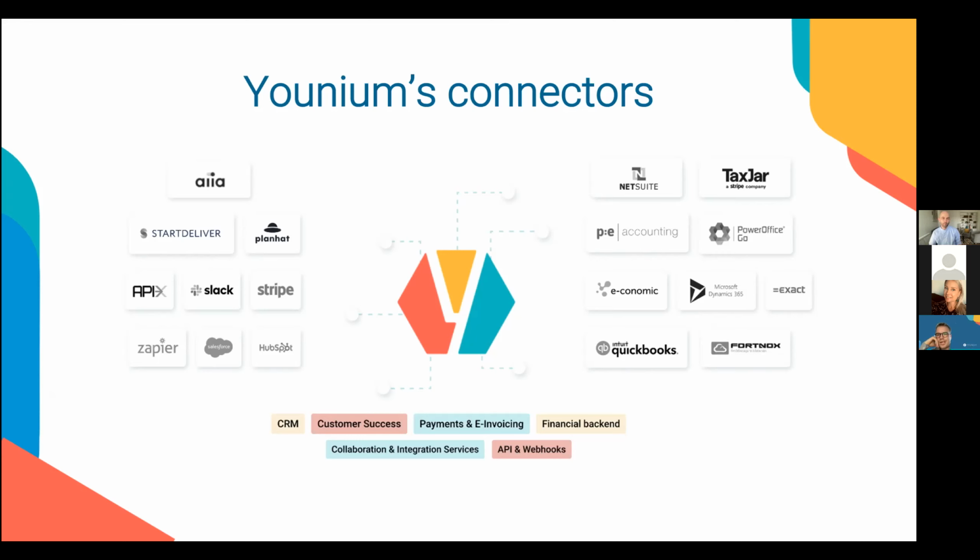Right. So Sage, we don't necessarily have a connector to, but a lot of customers do their own connectors to systems here and there, and we also have good partners that can build integrations.